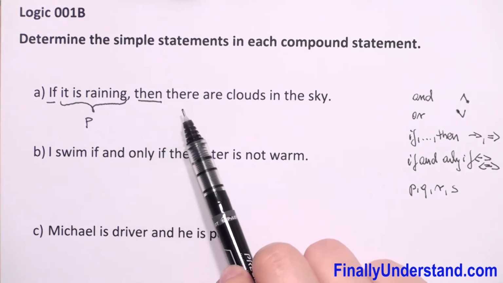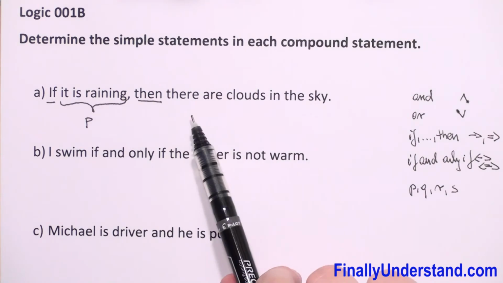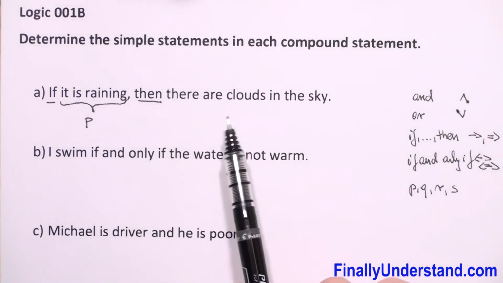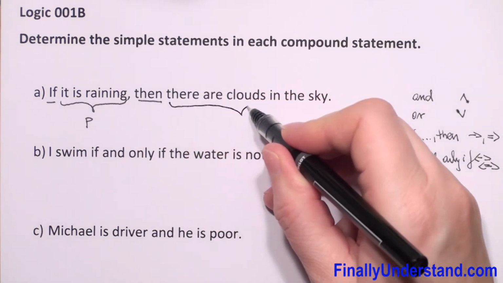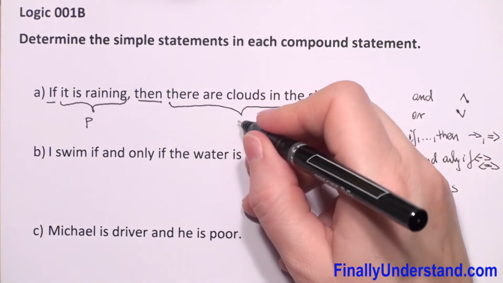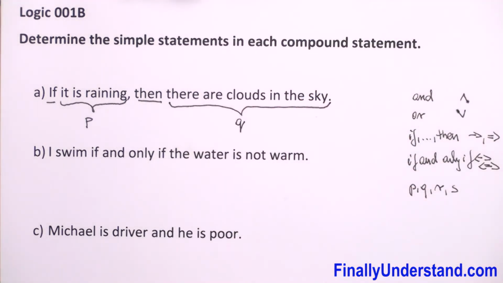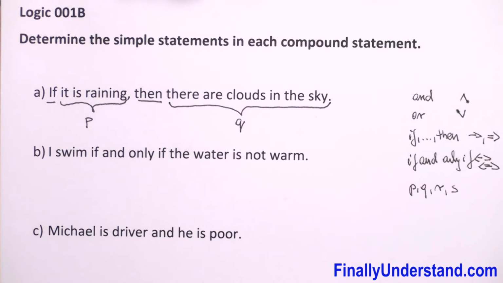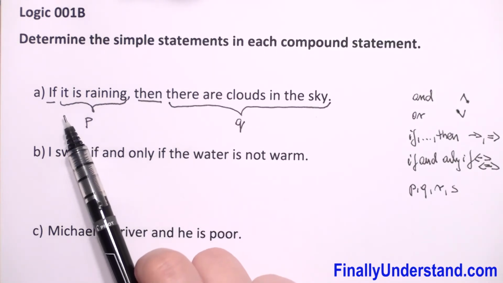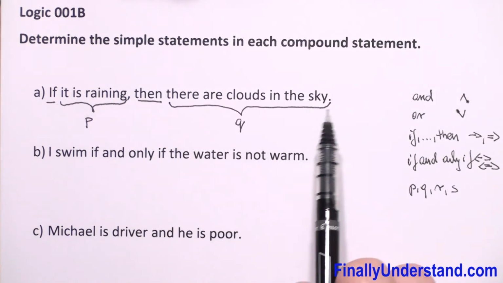Next we have there are clouds in the sky. We can always say whether it is true or not. So this is statement 2, a simple idea. This is our next simple statement. So in the first example we have two simple statements: first, it is raining, and second, there are clouds in the sky.